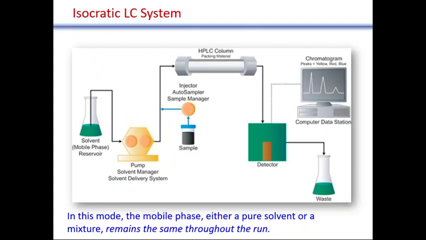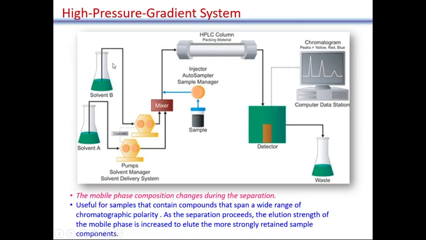So in an isocratic system, this is what you see. You have a pump, you have a solvent manager. This same solvent is being pumped through the column till the run is complete. So it remains the same throughout the run. In a gradient system, you will generally have more than one pump.